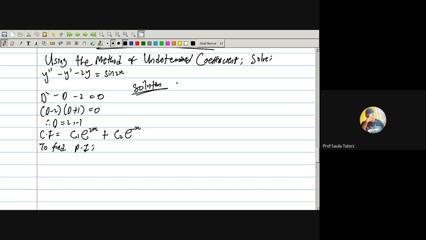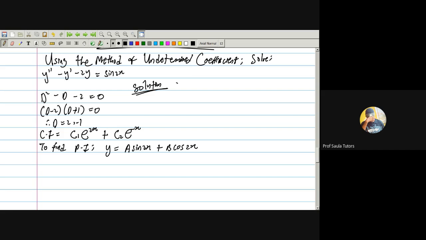Now, what will be our trial solution? For this trigonometry, I can pick any coefficients, K1, K2, or A and B. Let's just say A and B. You can say A sine 2x plus B cos 2x. That'll be our trial solution.